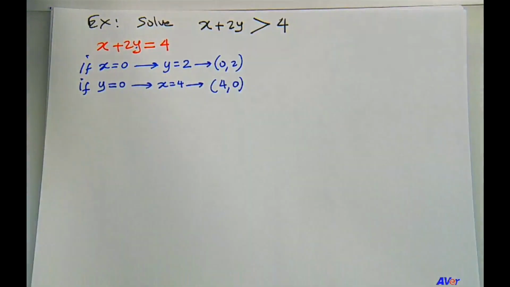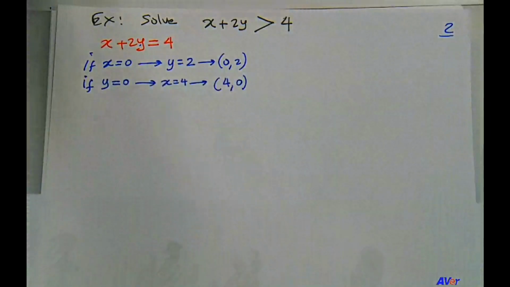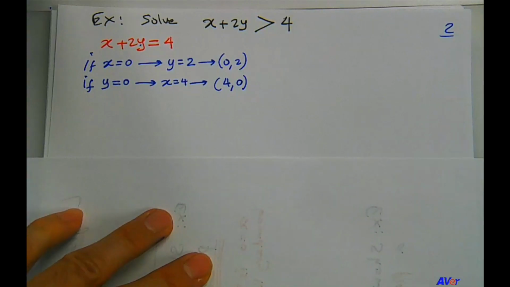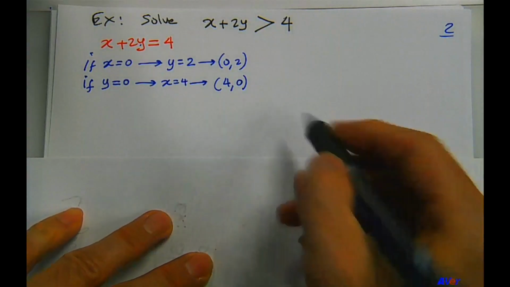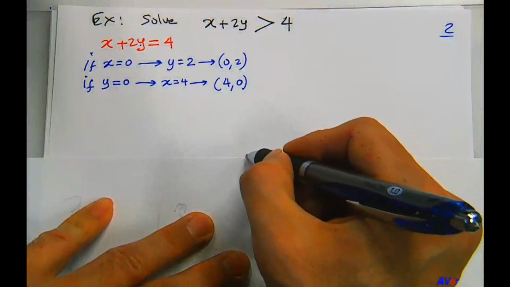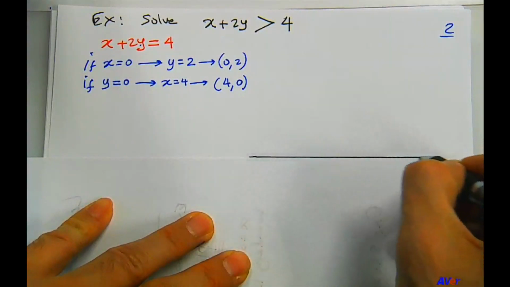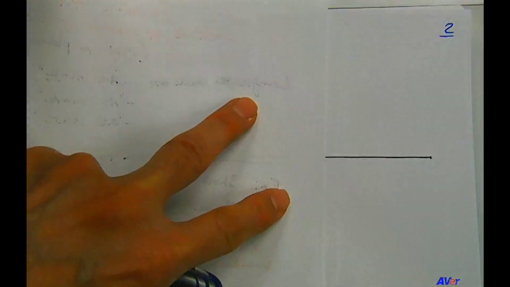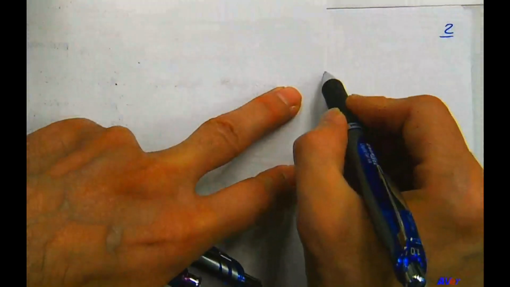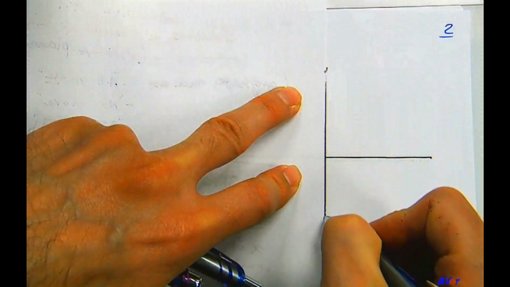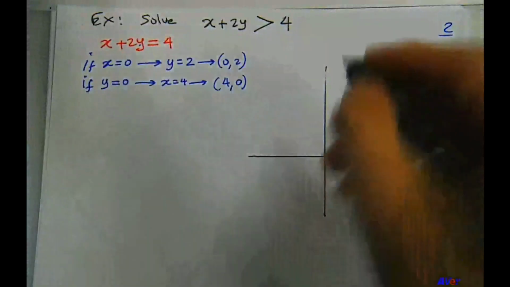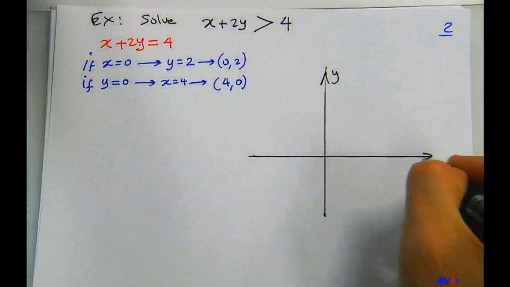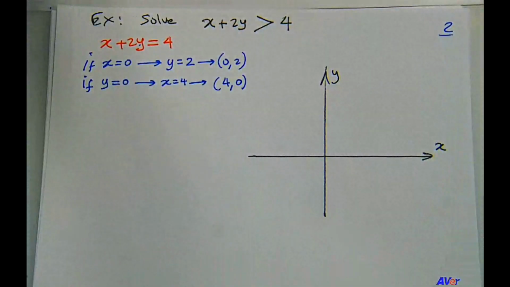Okay, so let's plot these 2 points. I'm going to dedicate this part of the page to that. So these are our axes. That's y, this is x.